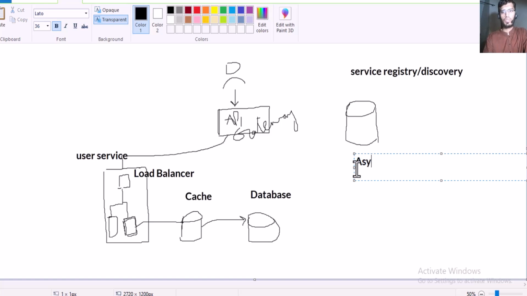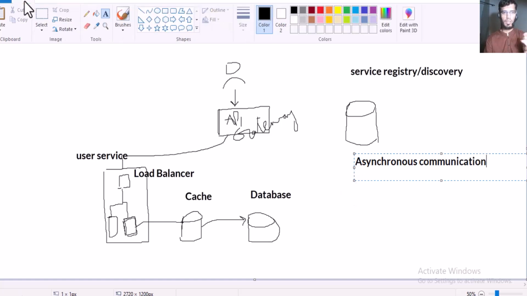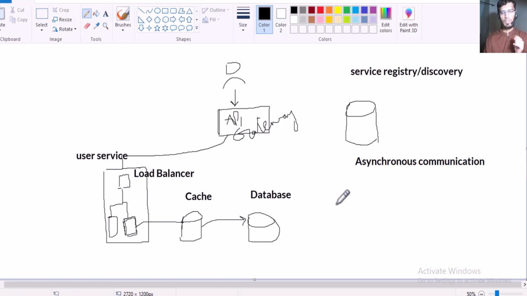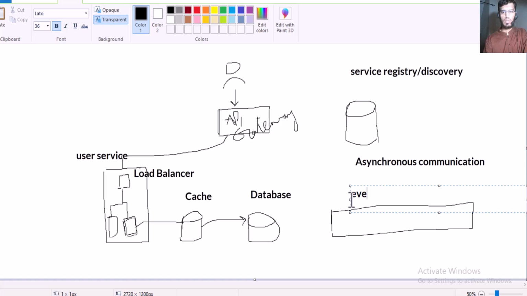So how do we achieve this asynchronous communication? There are different methods, but what I am discussing here is event-driven architecture. Event-driven architecture utilizes a queue that is known as event bus or message queue.